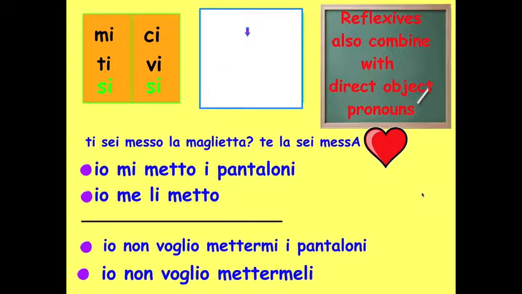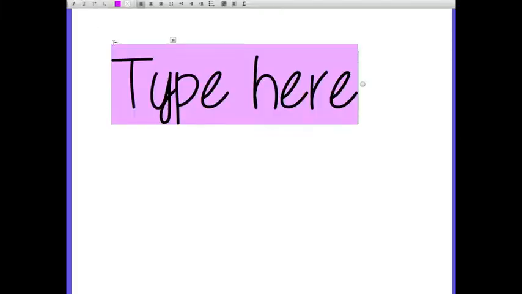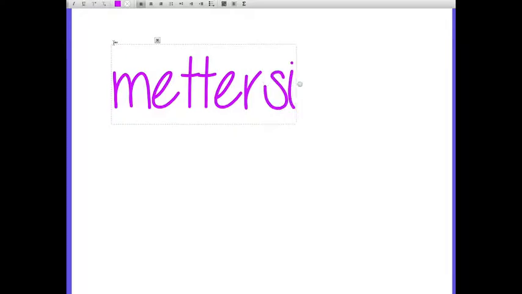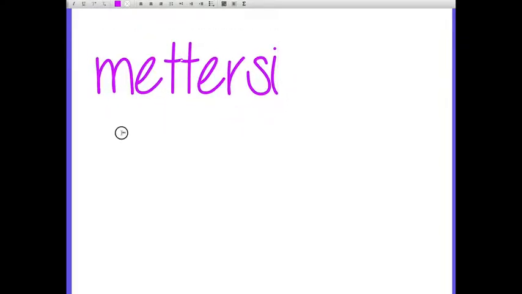The other combo is reflexive pronouns with direct object pronouns. So you have to have your list of reflexive verbs. And there are few of them, not too many actually, that are both reflexive and take an object. They are mettersi, to put on, put something on yourself.